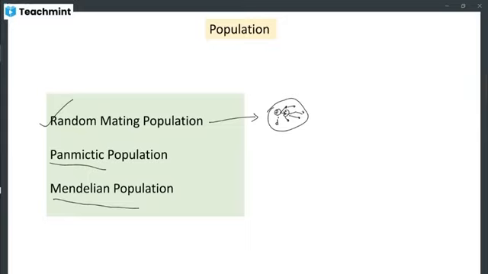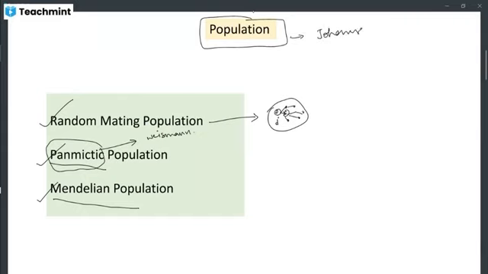The Hardy-Weinberg law applies only to a random mating population, which is also known as a pan-mictic or Mendelian population. Please also note that the term pan-mictic was given by a scientist named Weismann, and the term population was given by Johansson.